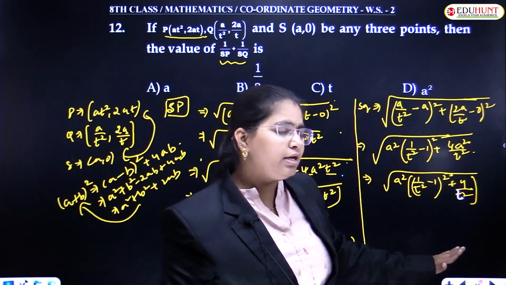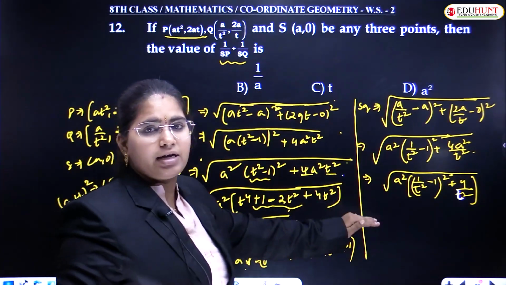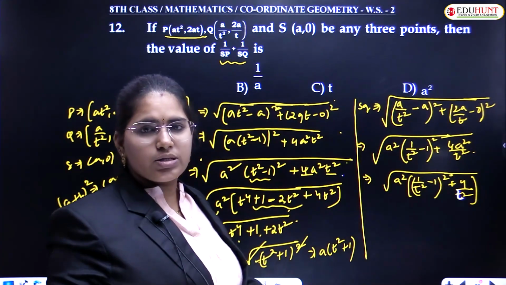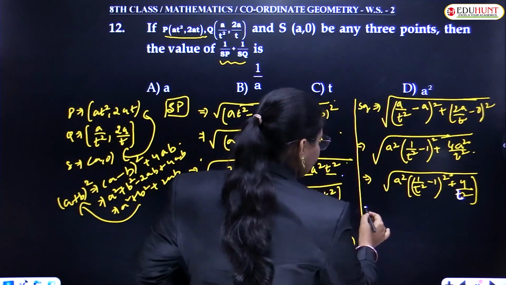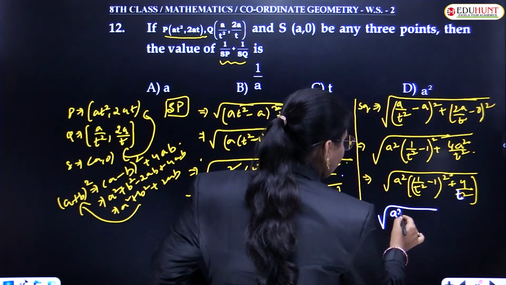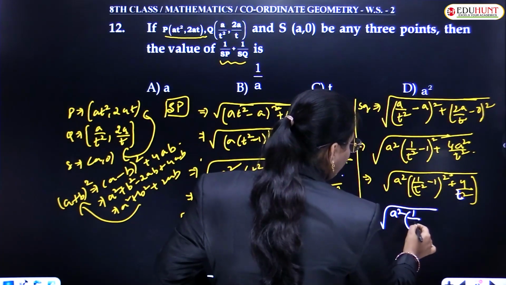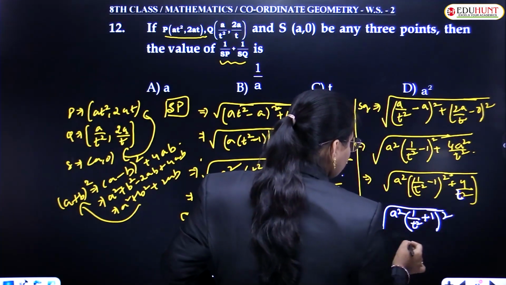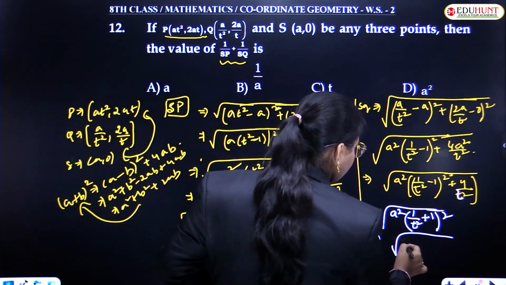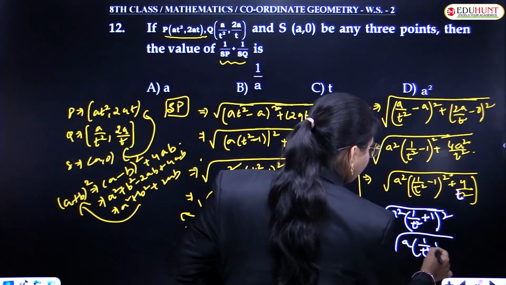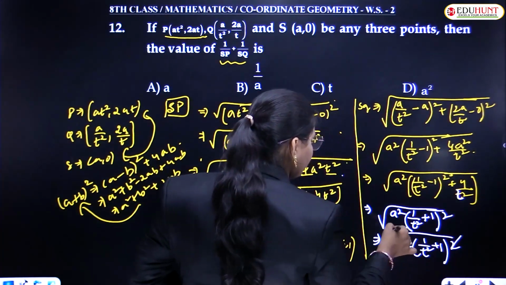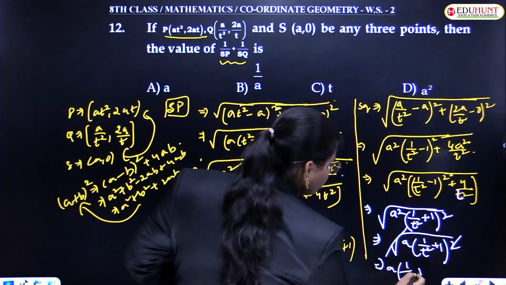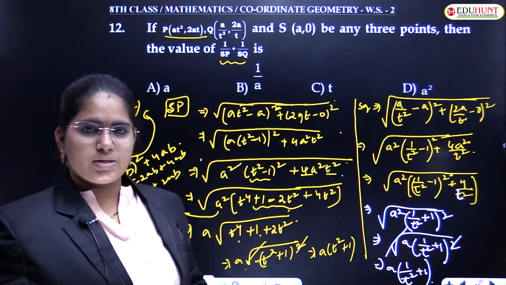So directly, without solving all these steps, can I write (a minus b) whole square plus 4ab equal to (a plus b) whole square? So what I will get: a square into (1 by t square plus 1) whole square. Cancel square and root, and you will be left with a into (1 by t square plus 1).